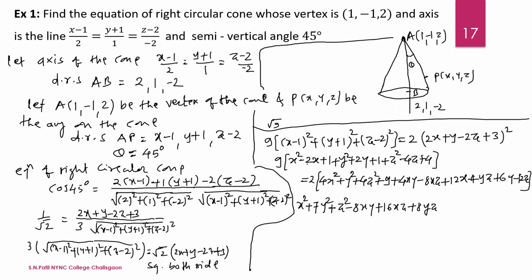Now construct the x. 9 into 2 is 18, minus 18.